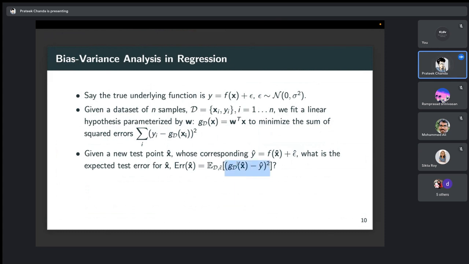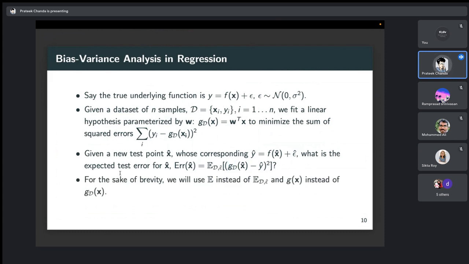That means the squared loss that we see here, in the case of the test set, what is the expectation of it? How does the predictor, the linear hypothesis, vary from the ground truth y hat, on the whole square of it, because it's a sum of squared errors.